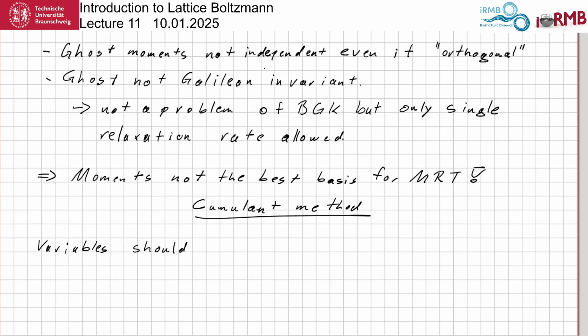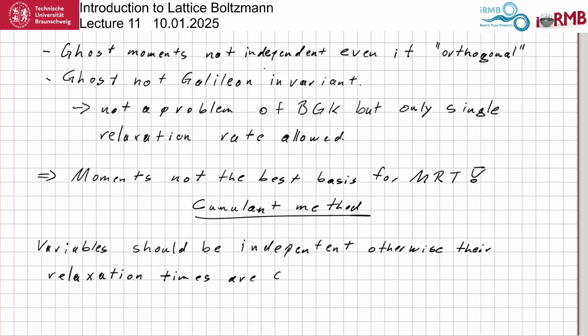These variables should be independent of each other, especially the variables that we want to relax with different rates, because otherwise their relaxation times would be coupled.